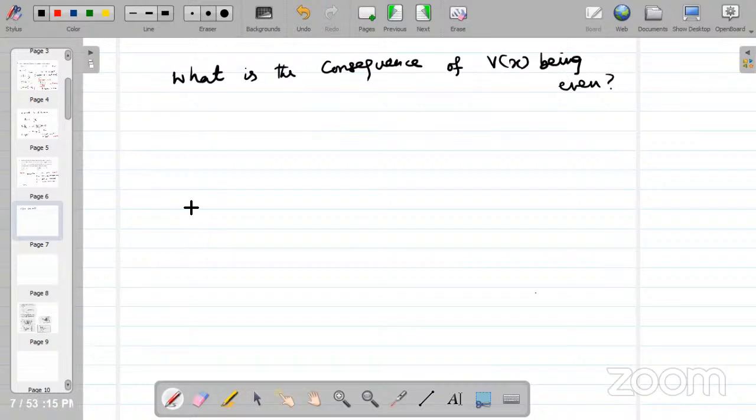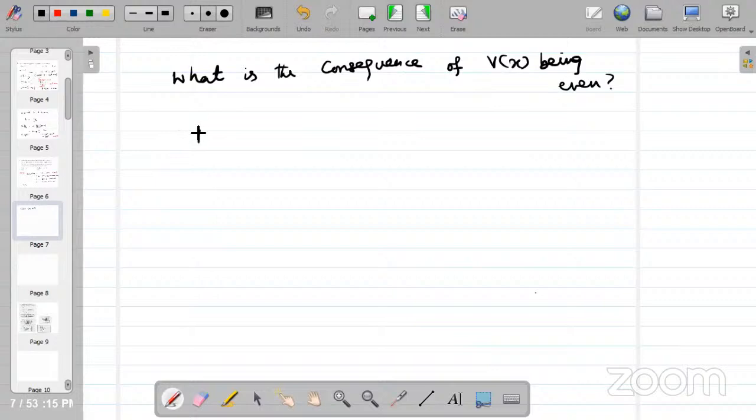The eigenstates have definite parity. Yes, so this is an important property.